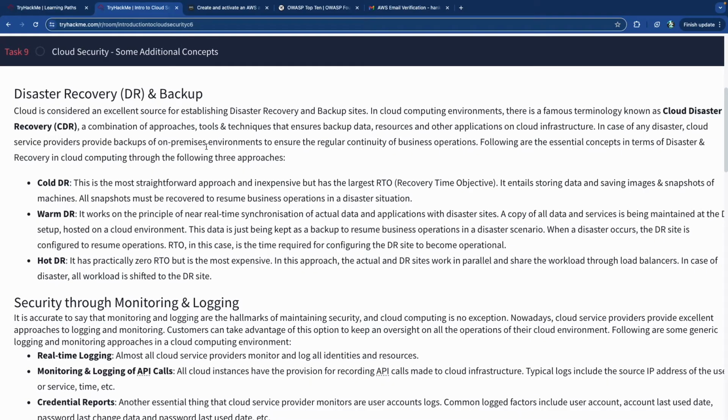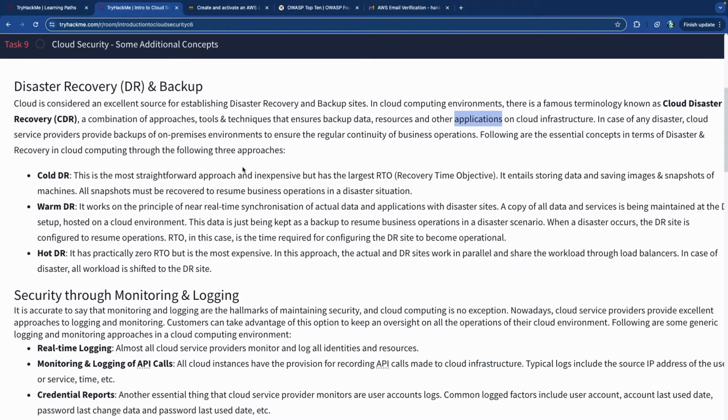It's a combination of approaches, tools, and techniques that ensures data is backed up in case there's a disaster, so that you can recover that data or any of the resources or applications that were used through your virtualized machines and your instances. So to ensure continuity of business operations is why we do this.